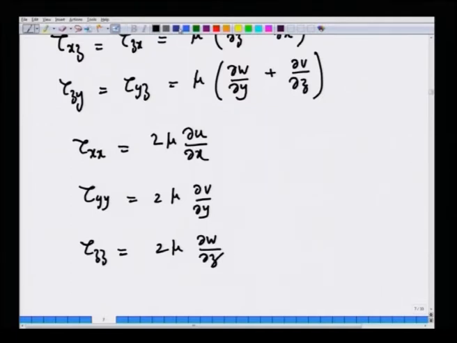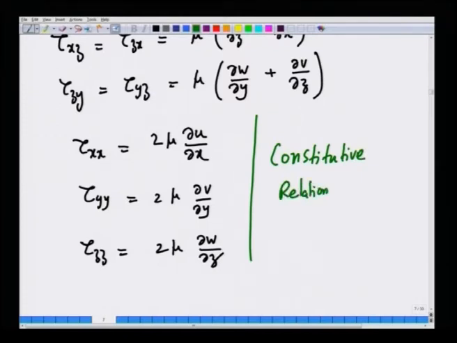These are called constitutive relations because they have some information about the constituent material that makes up the fluid, and the ones we have written are for a simple Newtonian fluid such as air and water.